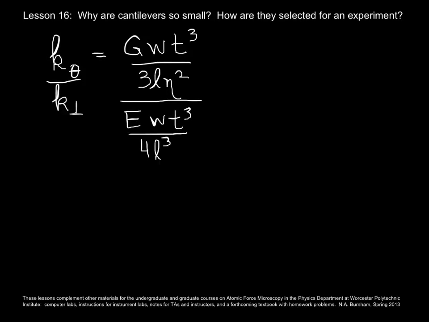So here are those two expressions for the torsional and normal spring constants. We see a lot of cancellations for the width, for the thickness, and one factor of L. And so we simplify this down to 4 shear modulus over 3 times the elastic modulus.